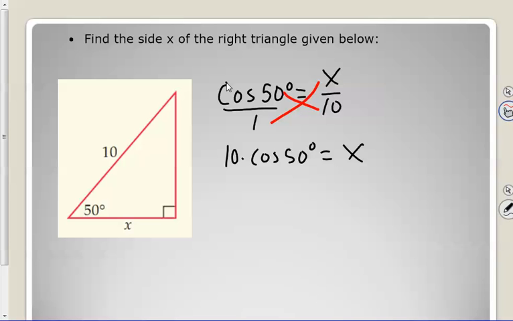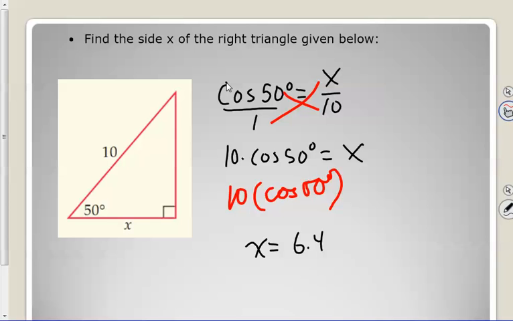Now, if I'm going to punch this in my calculator, I'm going to put it in as 10 parentheses cosine of 50. And when I do that, I get x to be approximately 6.4. So that is how you would do that one.